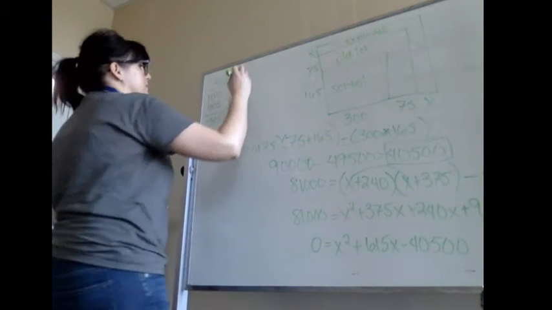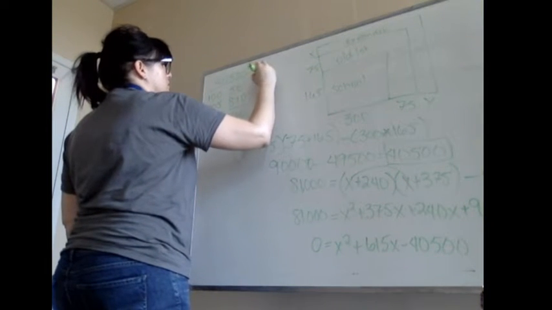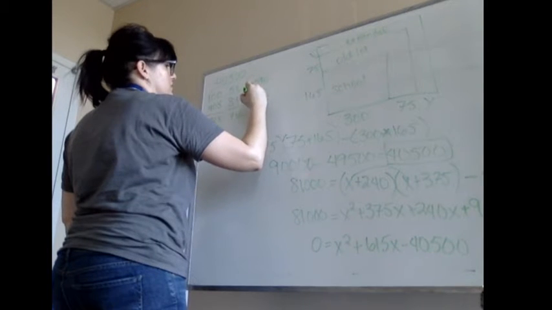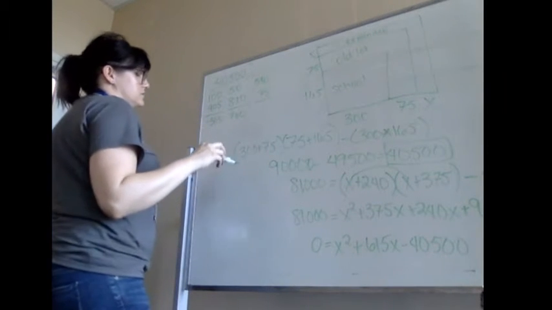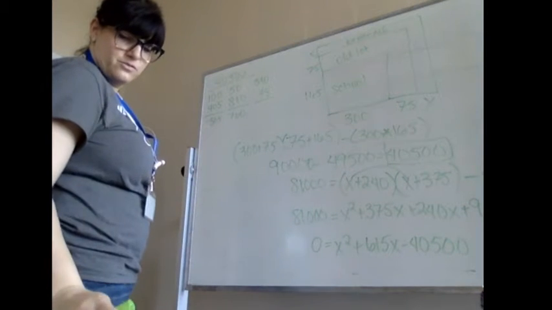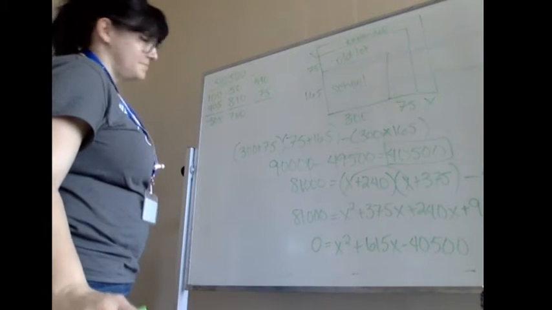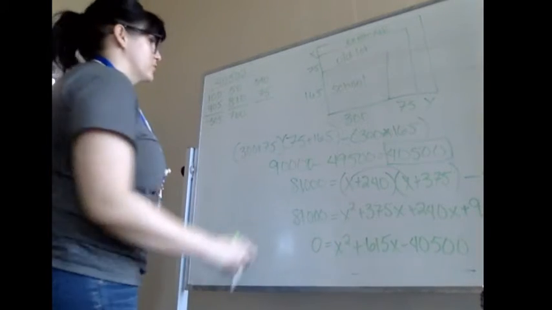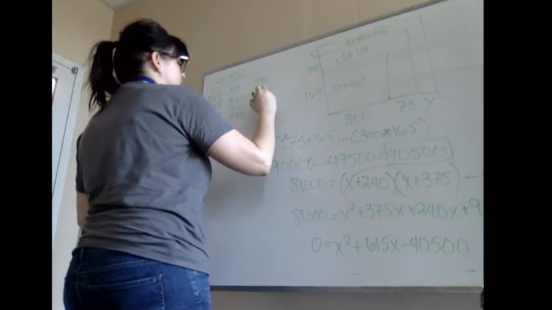Yep. So we have 540 and 75. Those subtract to not the right number, drat. 465. Man, this is taking forever.